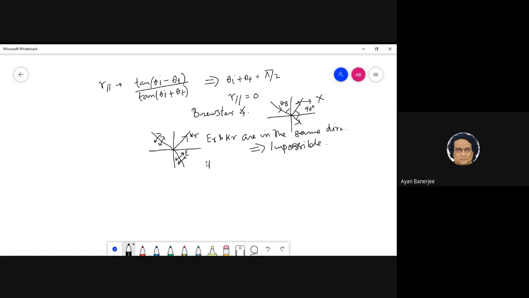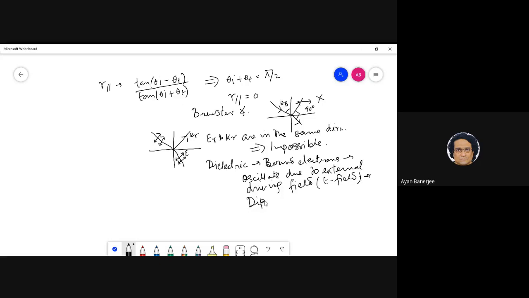So basically, electrons in a dielectric are bound electrons that oscillate due to an external driving field, which is the electric field.